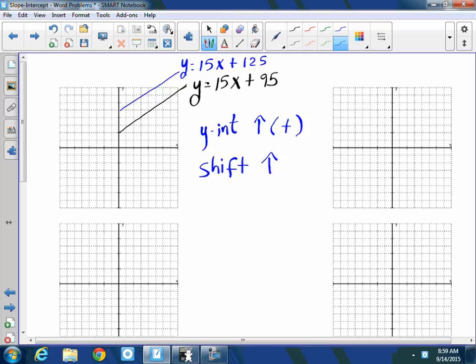Then it's going to shift what? So if the y-intercept is increased, it shifts up, but if the y-intercept is decreased, it shifts down. That's it. That's simple. That's all you need to do. Are we good? Can I go back to the problem?